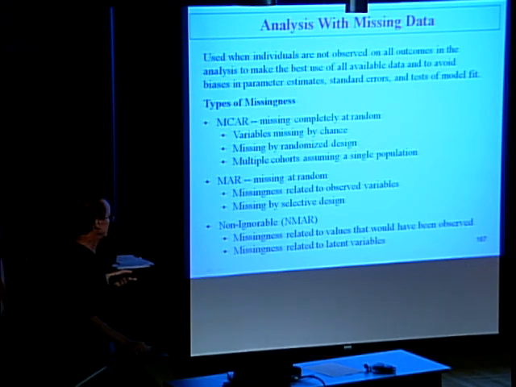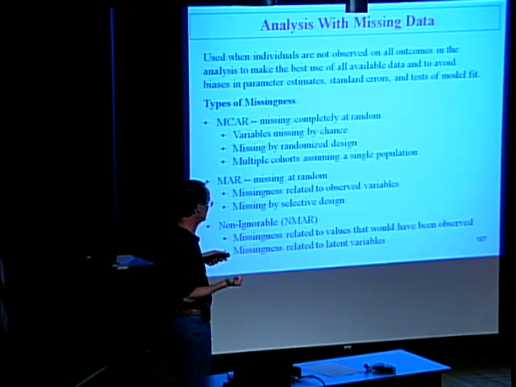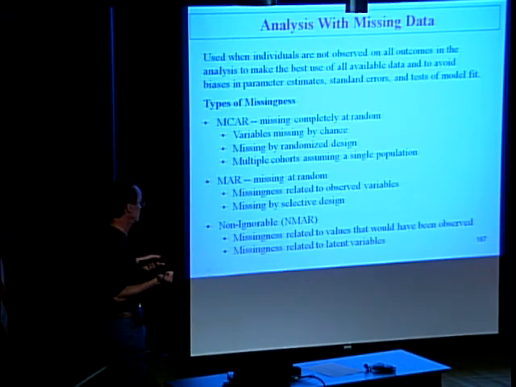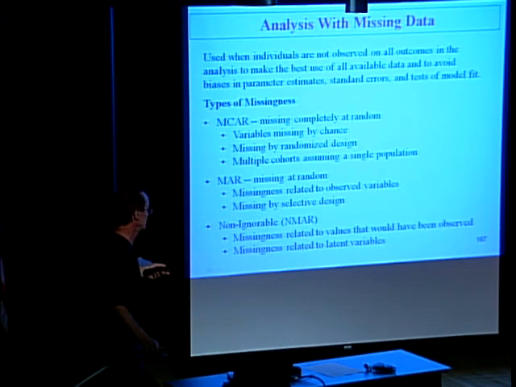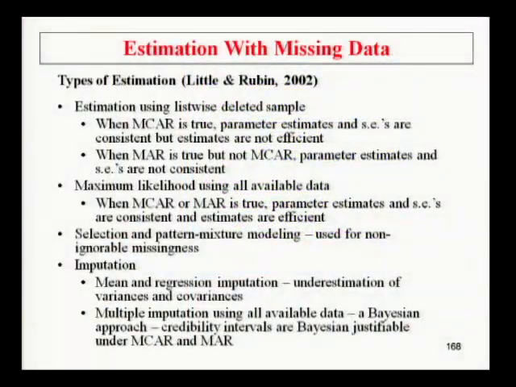For instance, instead of a person's missing value, you can insert the mean of people who have observed data on that variable, or you can do a regression between two variables and predict what the value would be for the missingness. It's not a good approach because it tends to give an underestimation of variances and covariances for that variable and other variables.